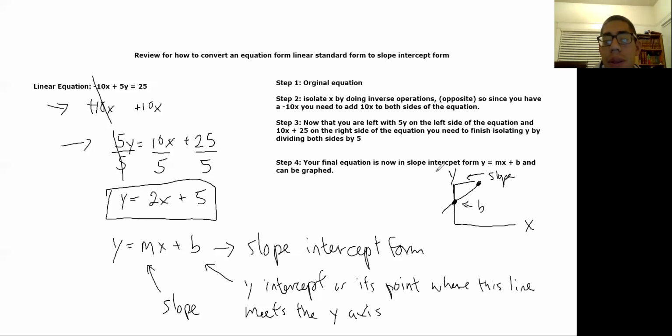It's how many times I went up and how many times I went to the right to the next point. These are all concepts that we've already gone over.